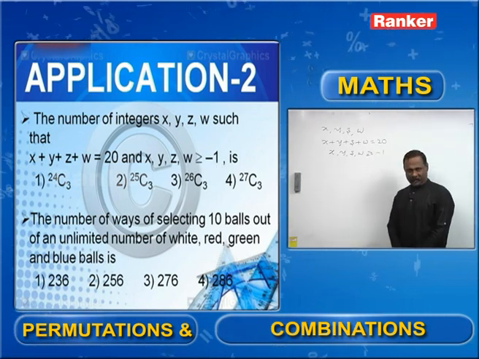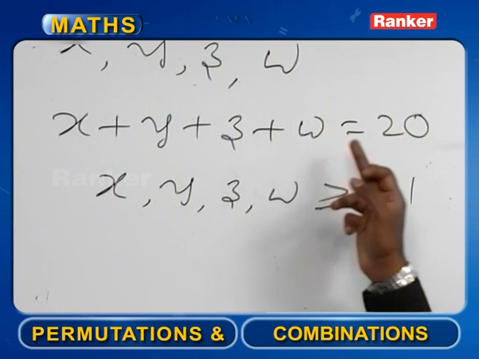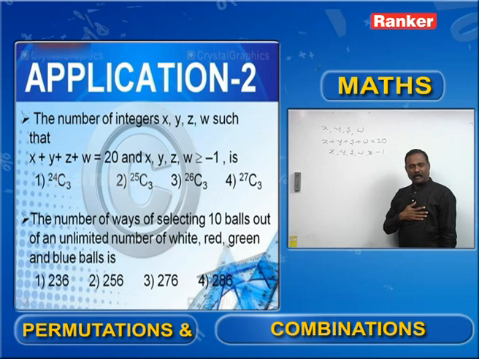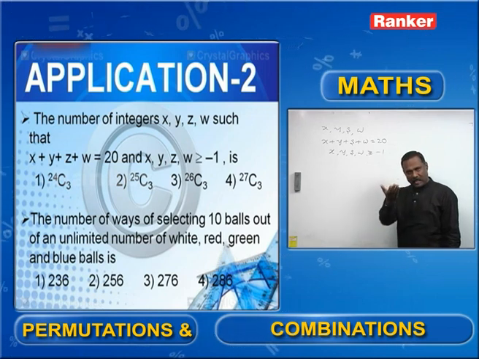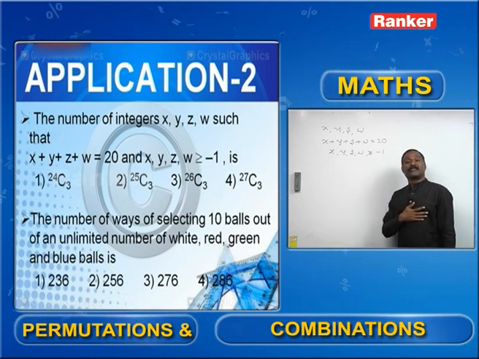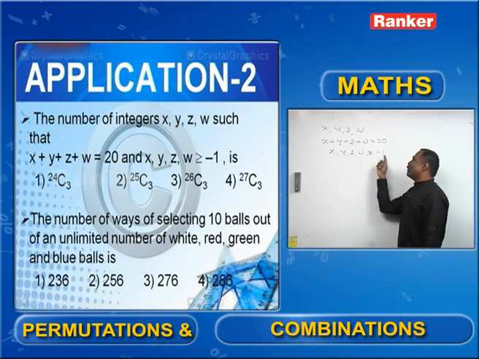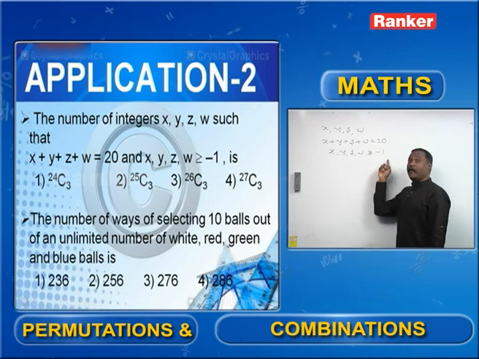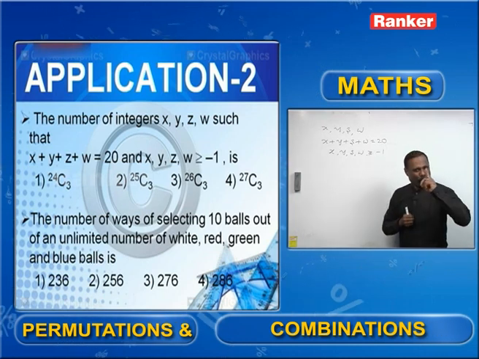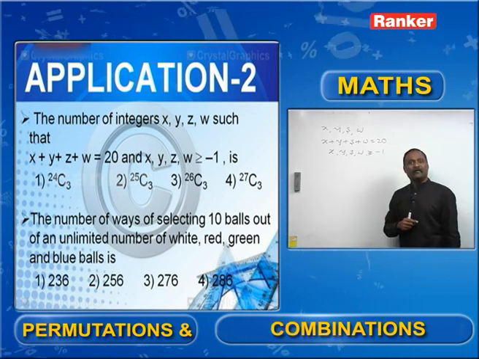Now, x1 plus x2 plus x3 plus x4 is equal to 20. If you want to apply the non-negative or positive integral solutions formula, it's not possible because x may be minus 1, y may be minus 1, z may be minus 1, w may be minus 1. To apply that formula, it must start either with 0 or with 1, but it starts from minus 1.